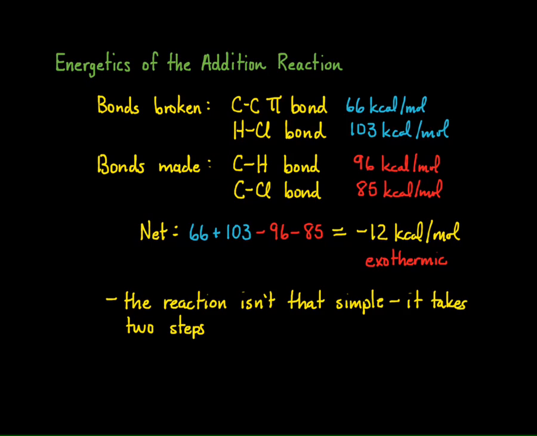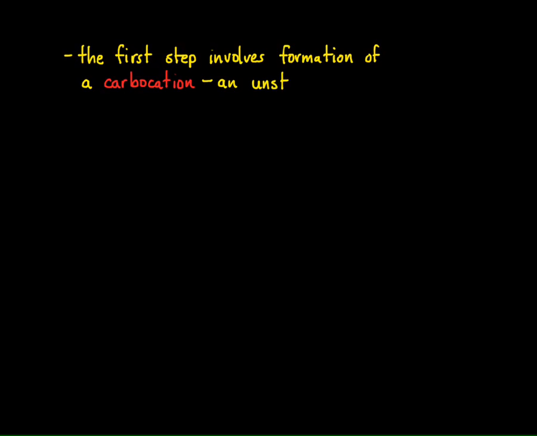And when we think about the energy diagram, we can think about it in the two distinct steps. The first step involves the formation of a carbocation. Remember, in a carbocation the carbon has only 6 electrons around it. It doesn't have an octet of electrons, and therefore it's going to be an unstable intermediate.